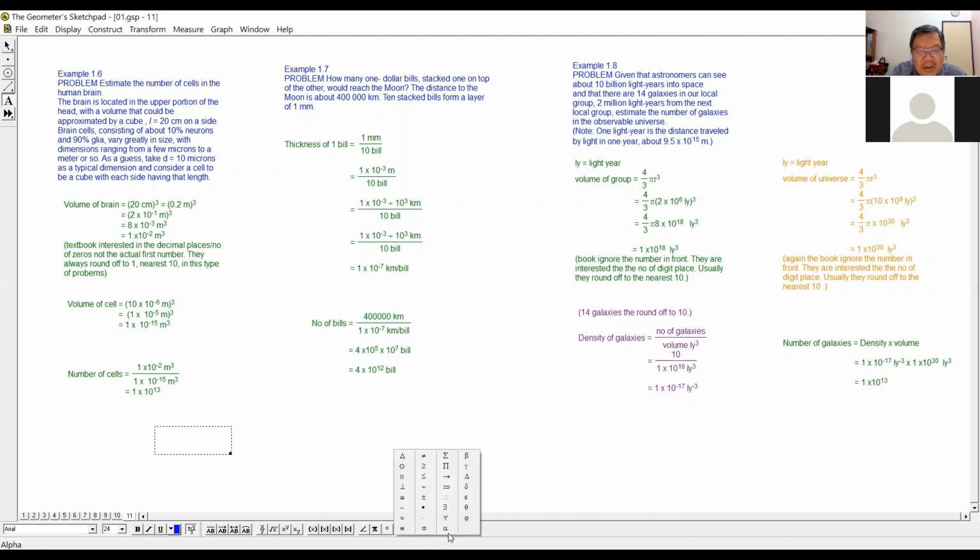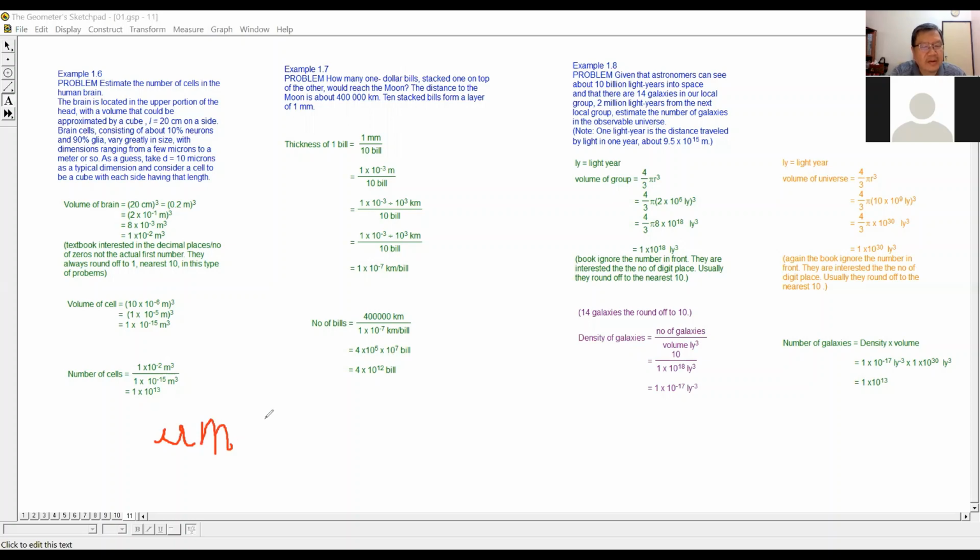Micro, micrometer. So it's 10 to the power of negative 6. This is 1 micrometer, right?